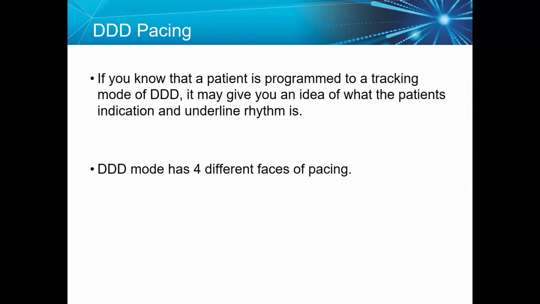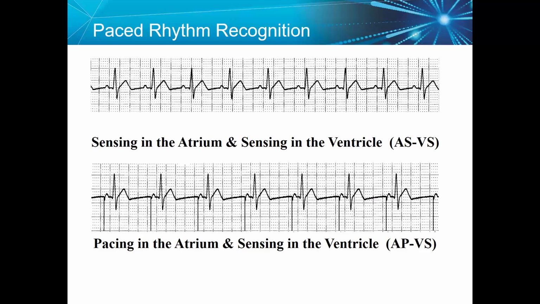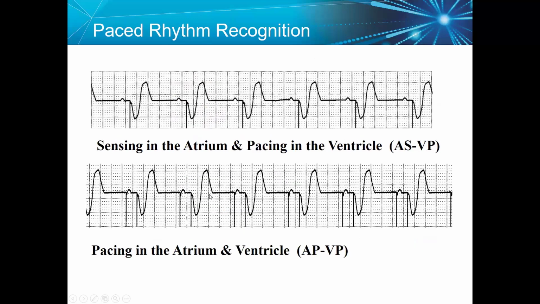A patient in DDD mode has four different phases of pacing. First, pacing and sensing in the atrium and sensing in the ventricle: A sense, V sense, or A pace, V pace, V sense. Here, A pace; here above, A sense, V sense. Here you have a pacing spike before the P wave, this is atrial pace, and then ventricular sensing.